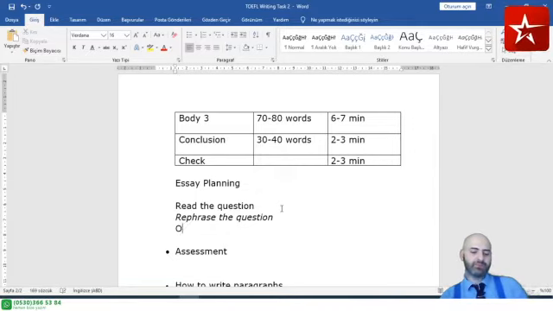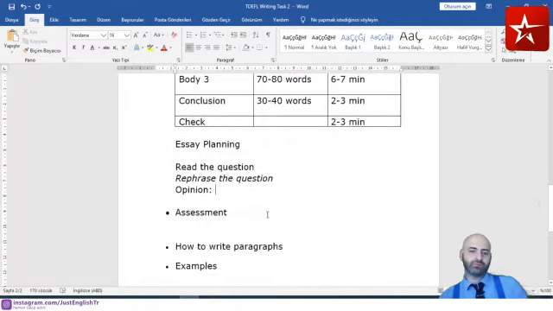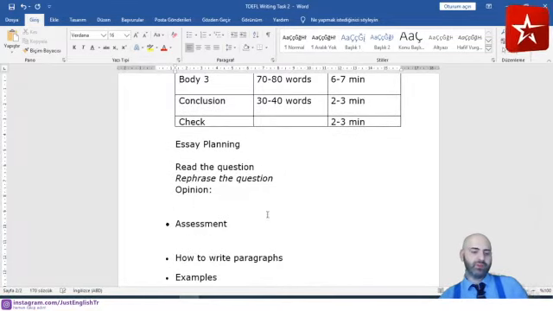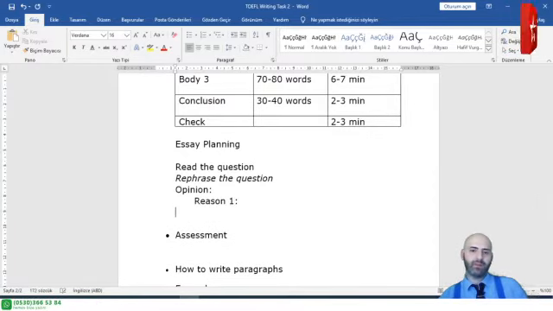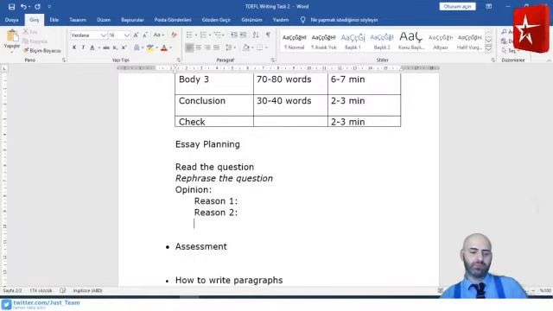After that, you need to come up with your opinion. What is your opinion? Then you need to come up with reasons. Reason 1, reason 2, reason 3.